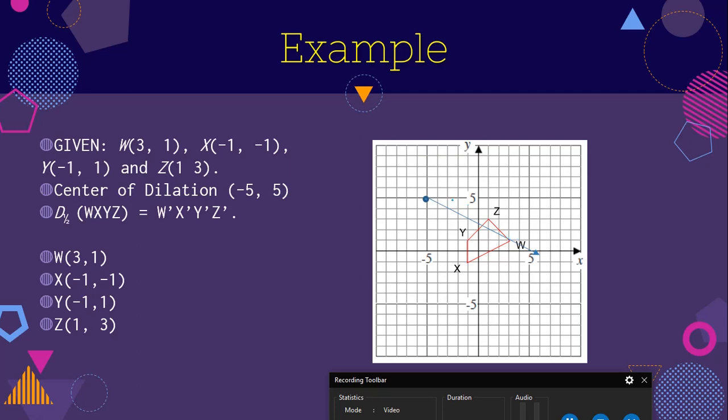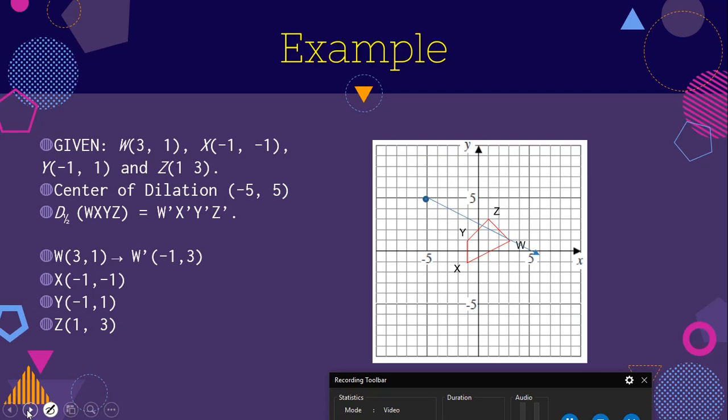So from W to this point, I would have to rise 4 units. So I'm really going to only rise 2. And then to go all the way to the point, I would have to run 3 and then 5 more, 8. So I'm going to rise 2 and run 4. And right here is the location of W prime.